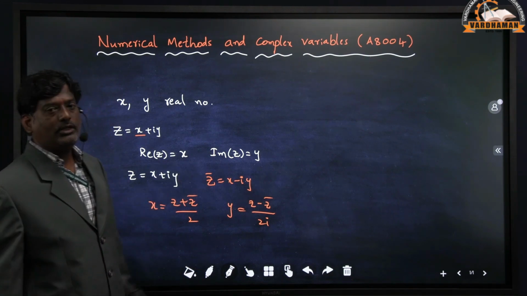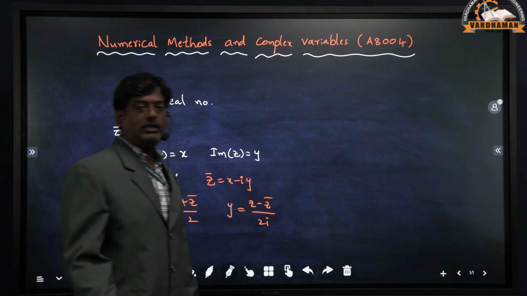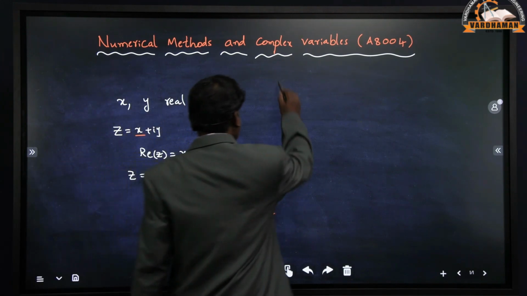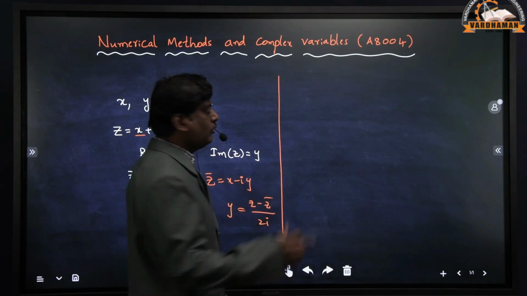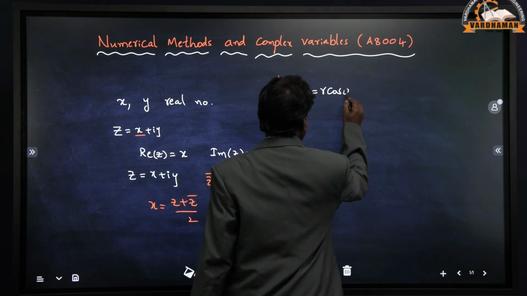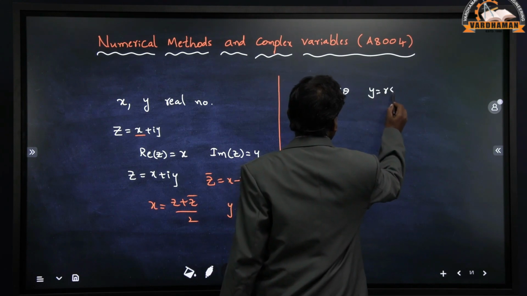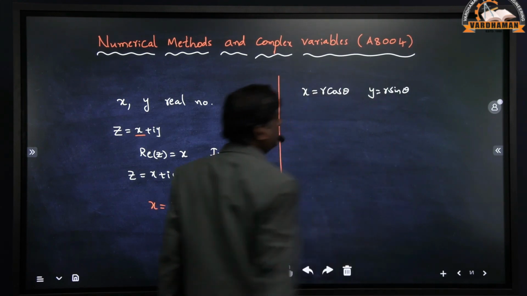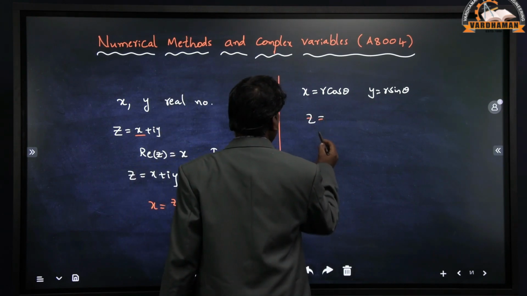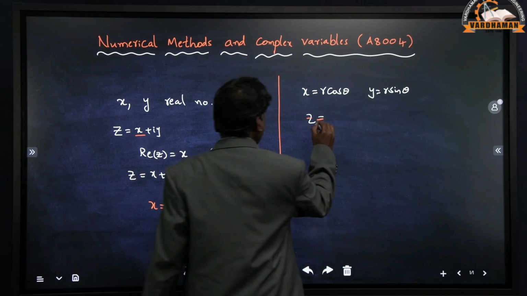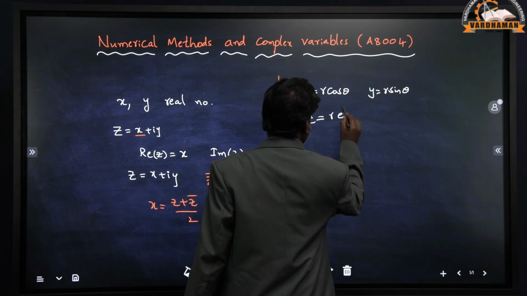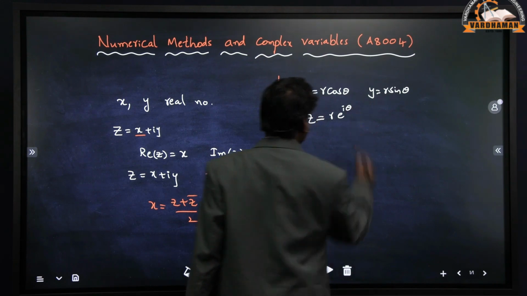Next, sometimes we need to write the complex variable in polar form. How can you write the polar form? If you put x is equal to r cos theta and y is equal to r sin theta, then z you can write as r into (cos theta plus i sin theta), and cos theta plus i sin theta can be written as e power i theta.